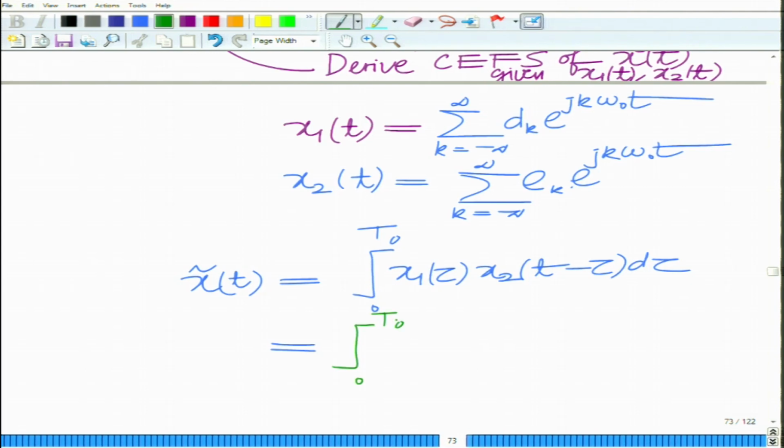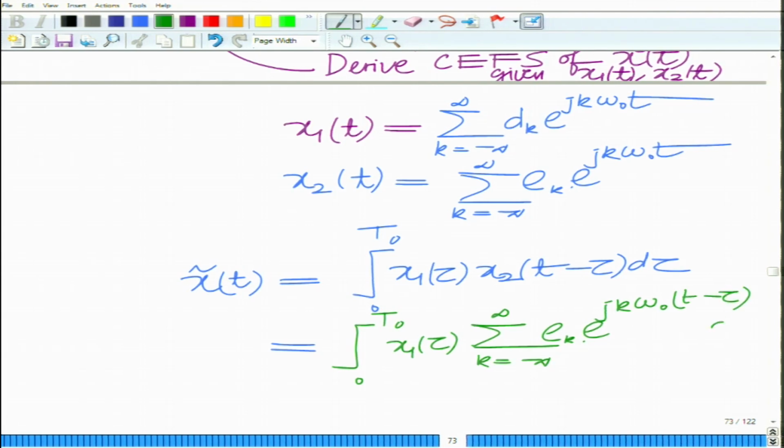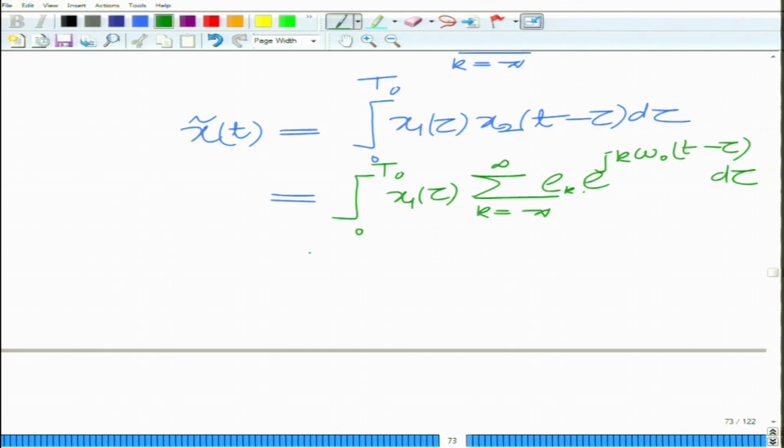Now instead of x2 you substitute the CEFS, so that gives us summation k equals minus infinity to infinity e k e raised to j k omega naught (t minus tau) d tau, and now you interchange the summation and integration.